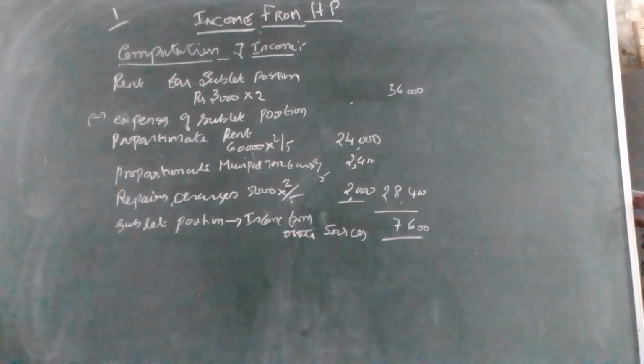Number two, the proportionate rent we have taken is the rent charges for the sublet part, and we are deducting it, whereas in case of house property this is not possible. This is a very small 2-mark problem, but it shows how you calculate the income if a portion is sublet.